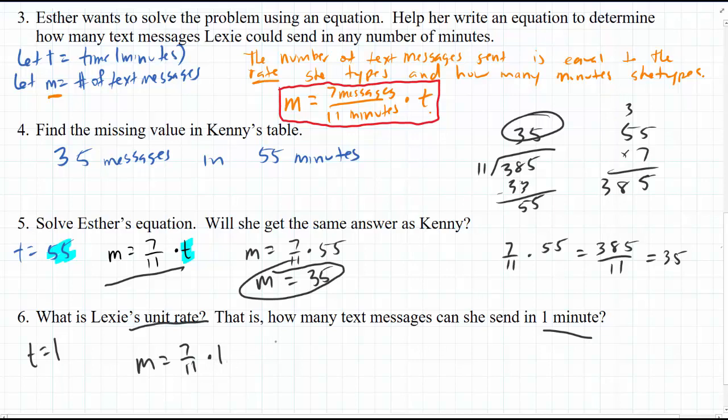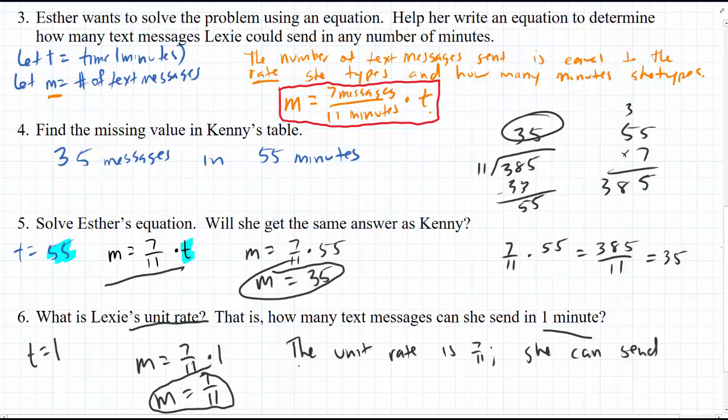So 7/11 times 1 is going to equal 7/11, and that's going to be the unit rate. The unit rate is 7/11. So she can send 7/11 texts in 1 minute.